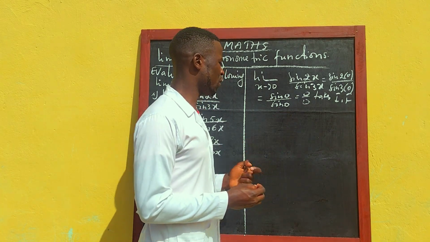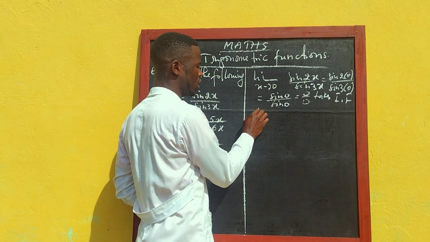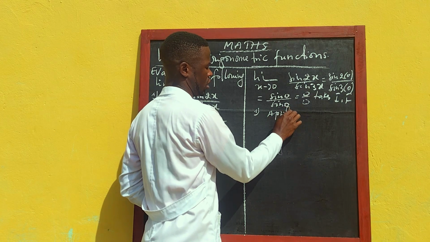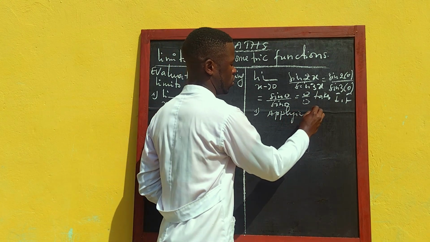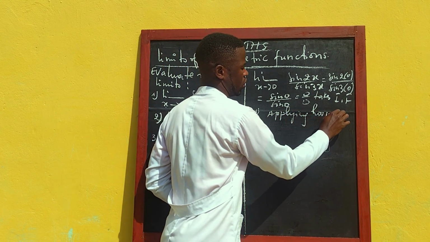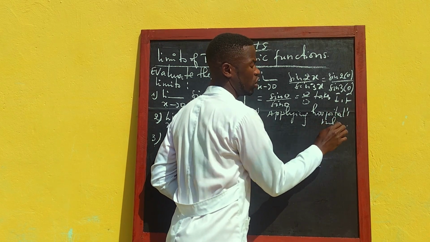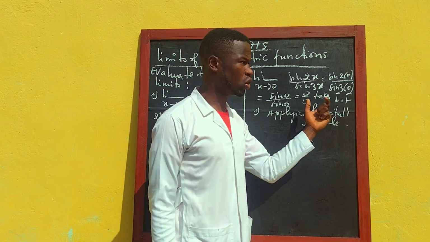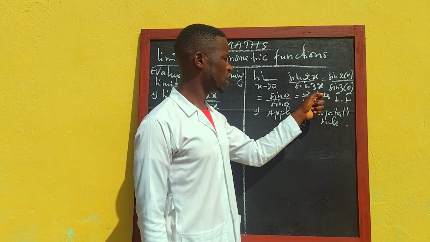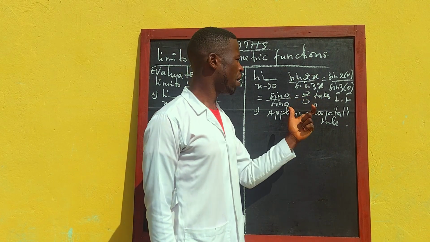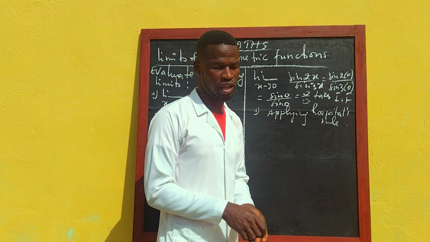For evaluating these expressions, we are going to use very simple methods. The first one is applying L'Hospital's rule. When you apply L'Hospital's rule on this given expression, the indeterminate form will be removed. But there is a simpler and easier way.